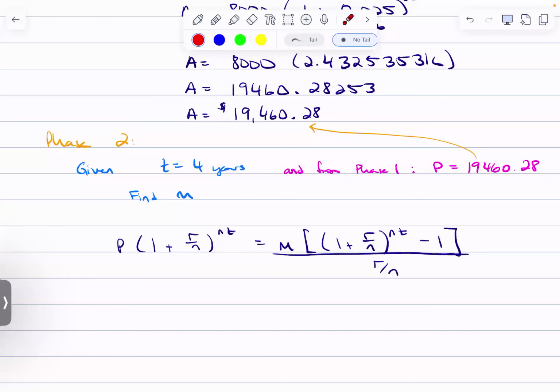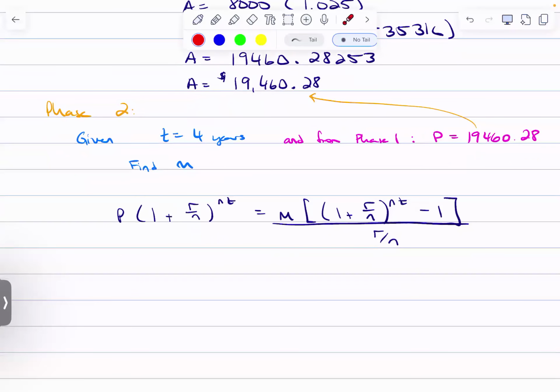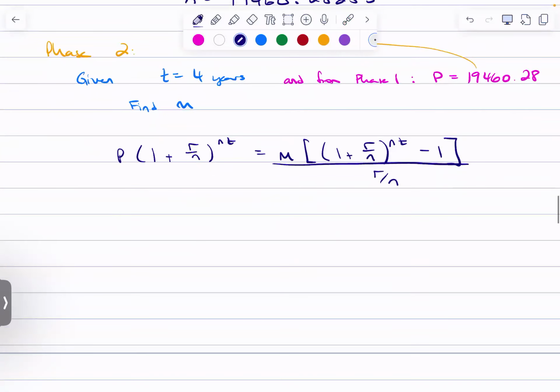And so now I have a P, and you want to make sure that you use the properly rounded value, because the bank only gives you 2 decimal places. So we get 19,460 and 28 cents. But you want to use all the decimal places because it's your money.